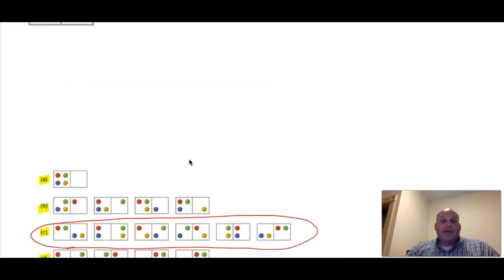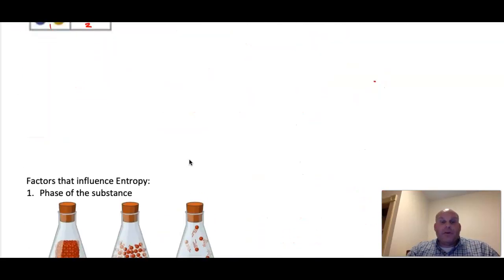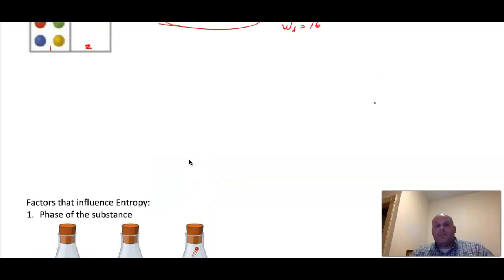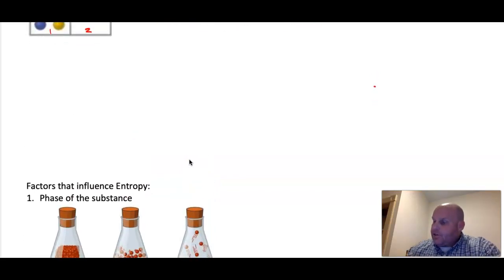I'm going to skip ahead here in the notes, past what we already covered, and get to factors that influence entropy. Before we get to that, let me just say that we could certainly calculate changes of entropy, as I mentioned in the last video. Delta S is the final minus initial entropy, and we could look up the values for different molecules and compounds.